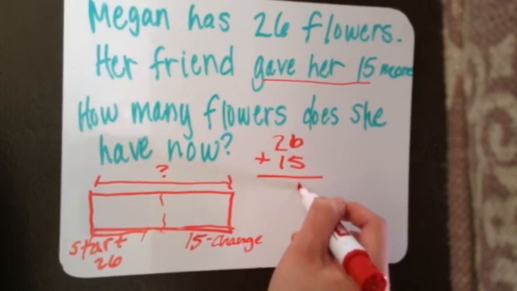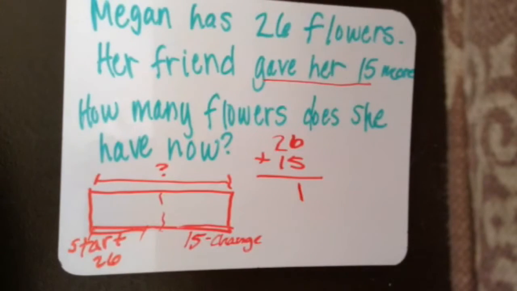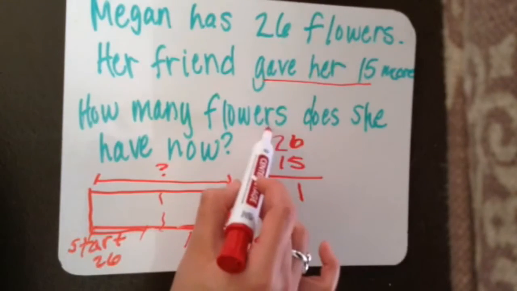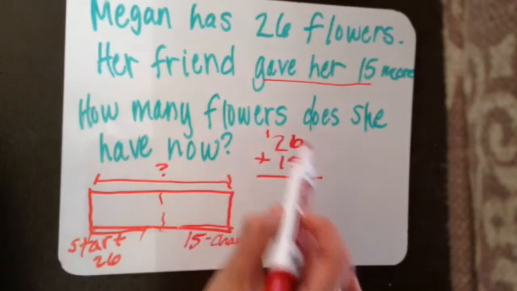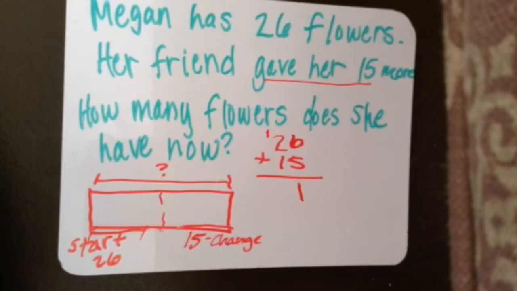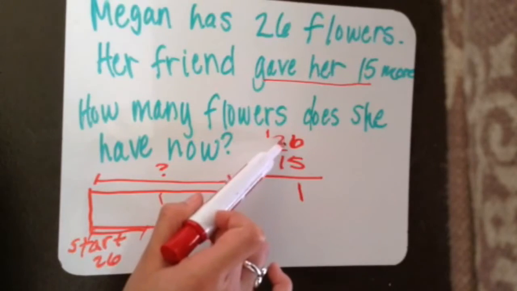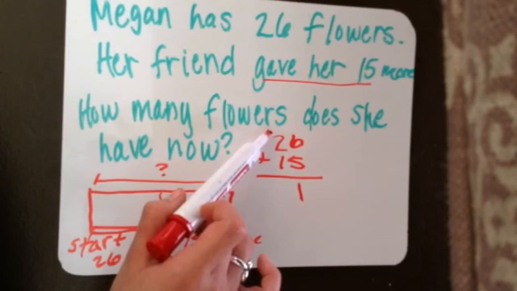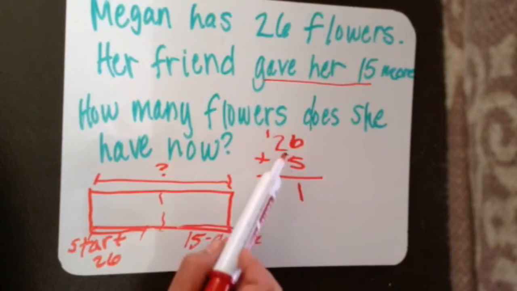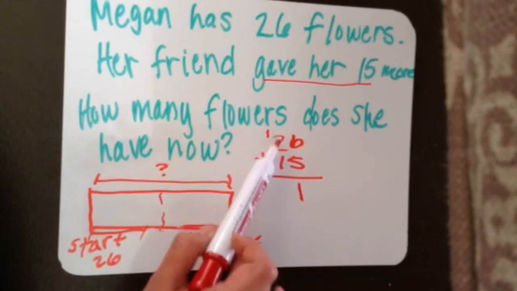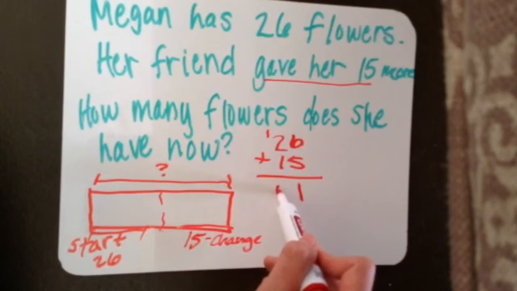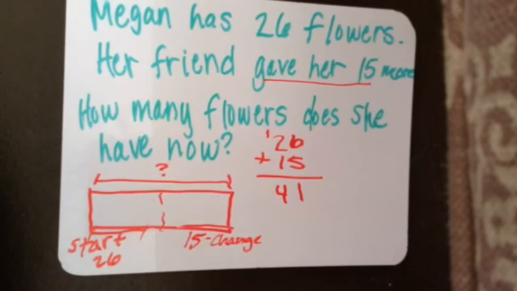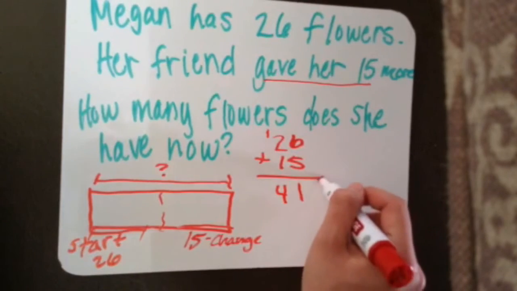We're going to put the 1 here in the 1's place and regroup and carry it over to the 10s. Don't forget that when we are adding these 10s, we have to include this 1 that we brought over. So 2, 3, 4. 41. Megan now has 41 flowers.